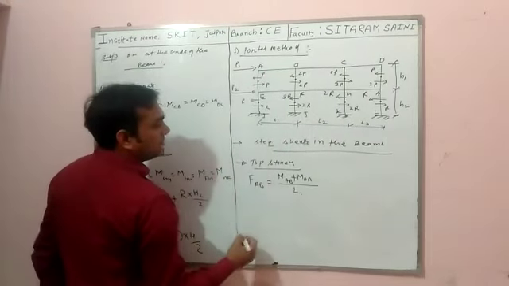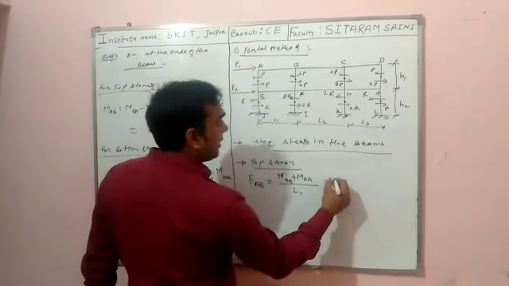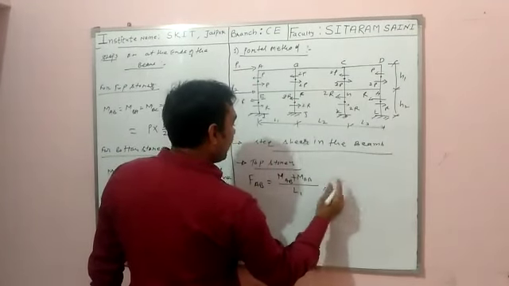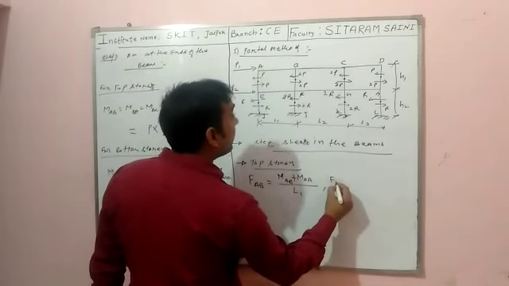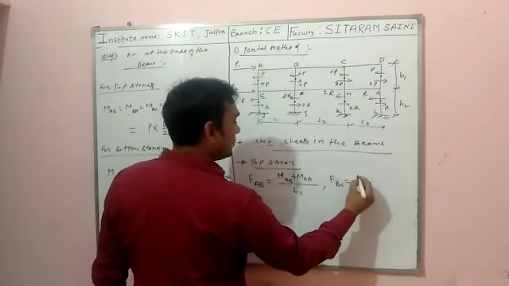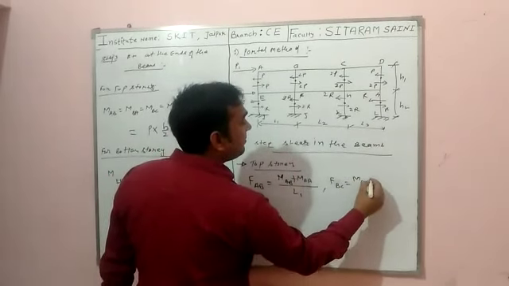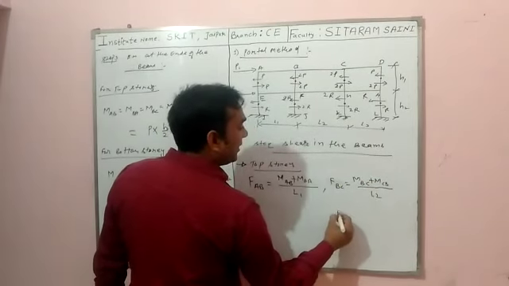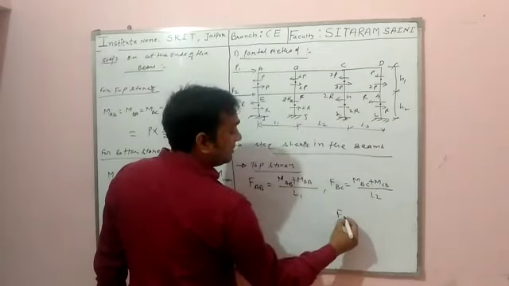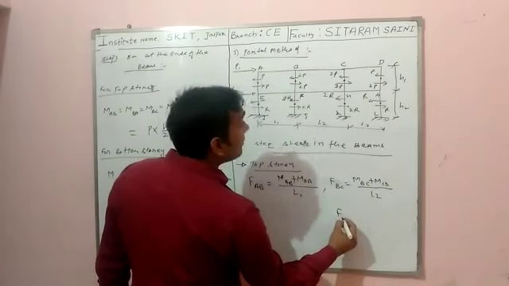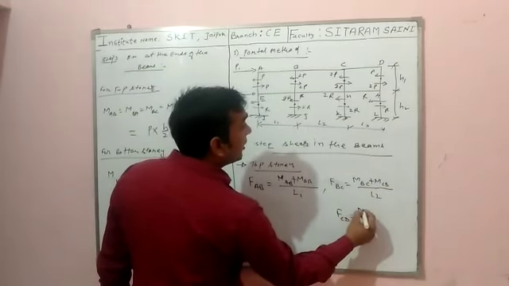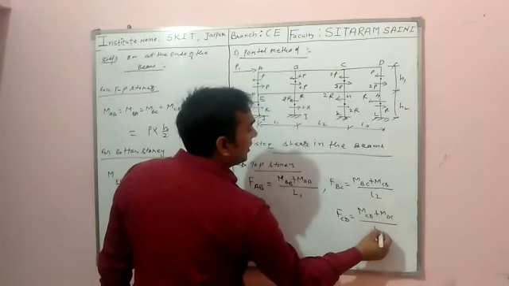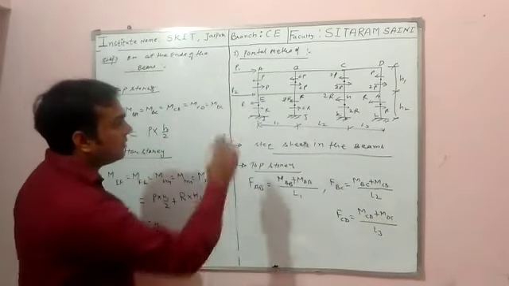Next, FBC is equal to (MBC plus MCB) upon L2, and FCD is equal to (MCD plus MDC) upon L3.